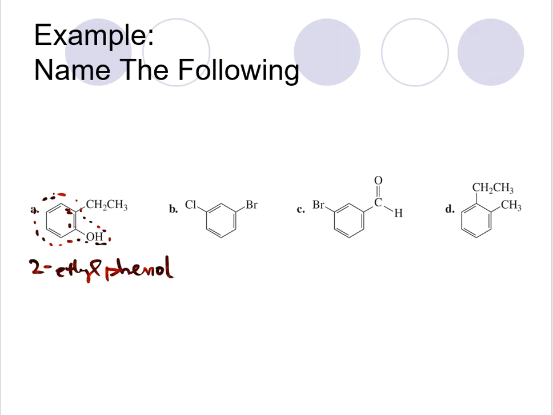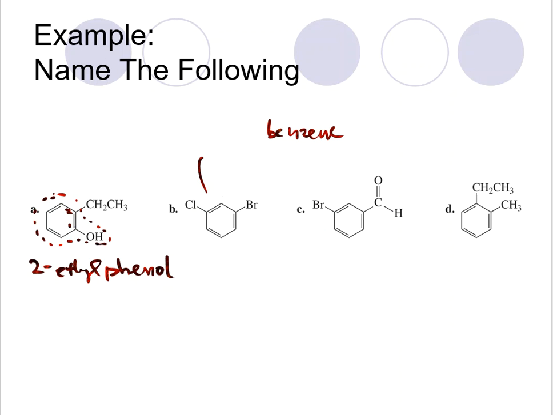All right, now let's take a look at B. I've got a benzene with a bromo and a chloro on it. They're both halogens. There's not really a common name for any one of those, right? We just name this like usual. So I'd follow the traditional IUPAC rules with these. All right, so what that means is that I'm going to name this as a benzene.